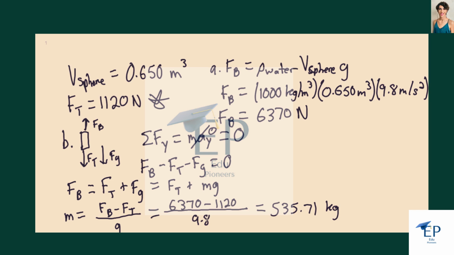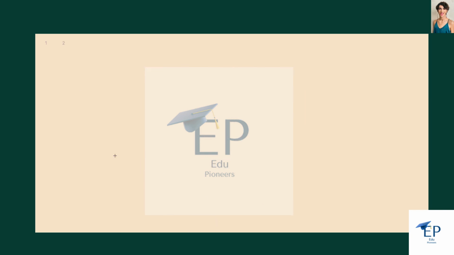So at this point, they're saying that the rope breaks and the sphere rises to the top. So given this, we now know that we don't have a rope anymore, so in order for the sphere to float, the buoyant force must equal the force due to gravity. Now we want to find the percentage that is submerged.